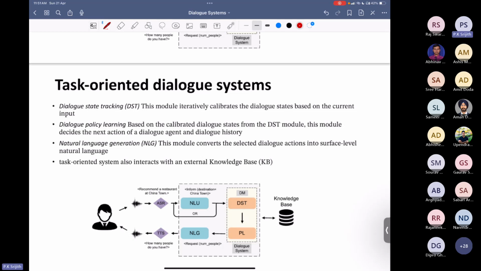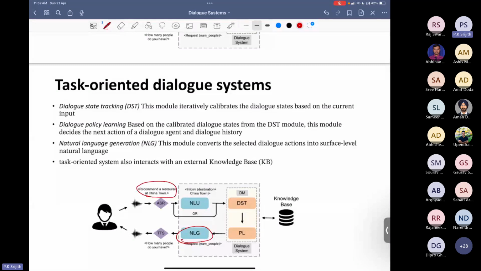Now, once the policy learner module decides what information needs to be gathered from the user, the natural language generation module tries to generate a sentence through which it gathers that information from the user. If you look at this particular example, the user said, recommend a restaurant at Chinatown. So the natural language understanding unit has understood that the user is talking about a domain like a restaurant, and a particular location like Chinatown.